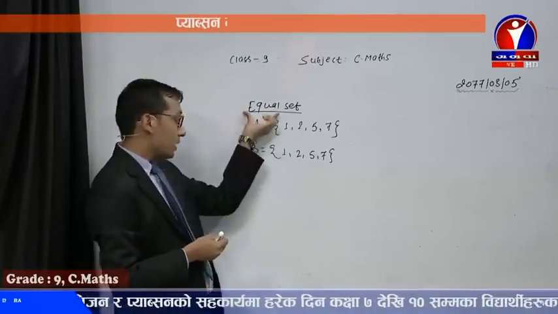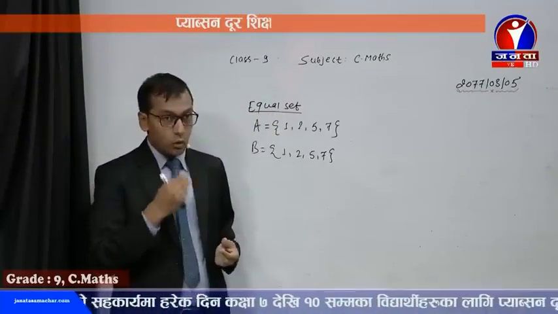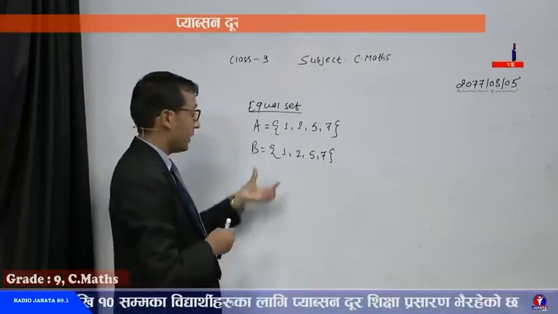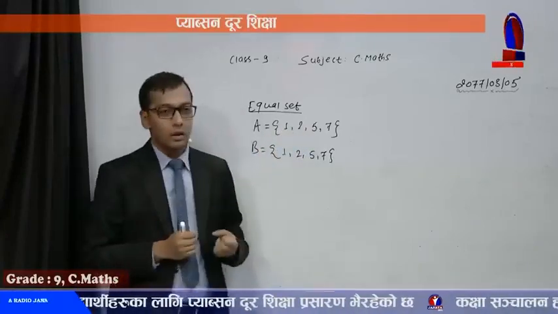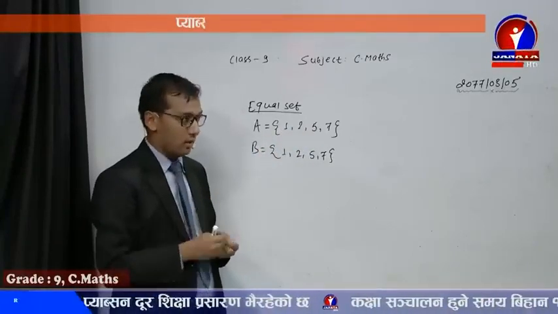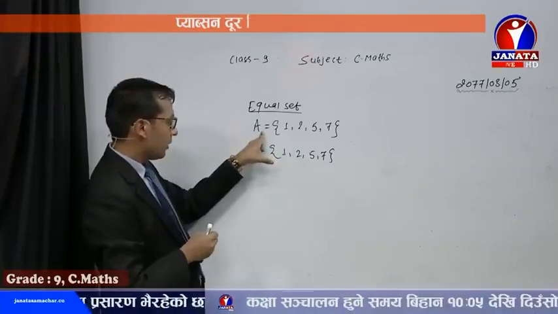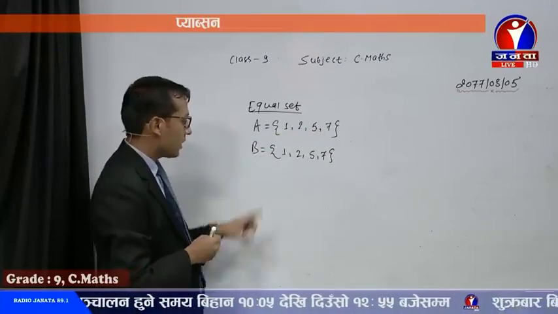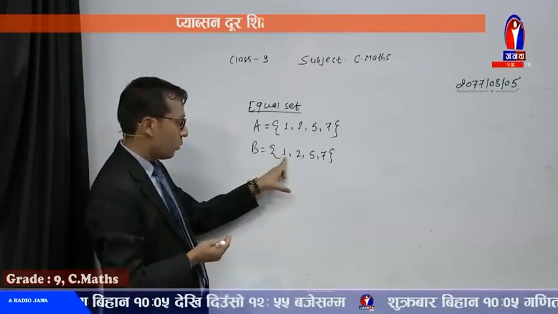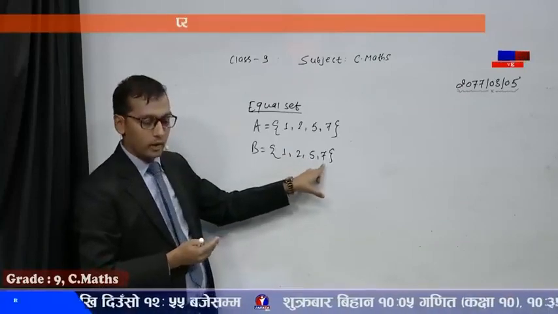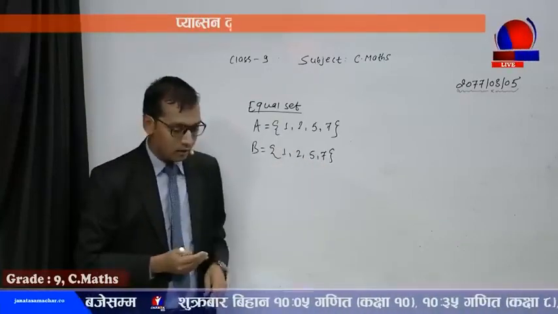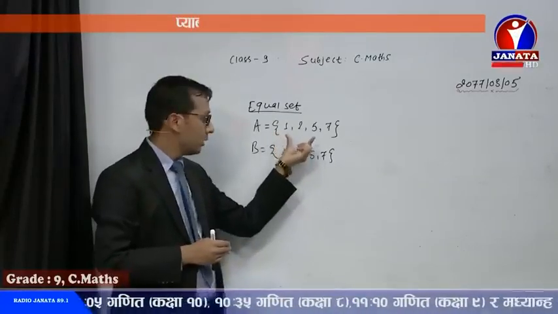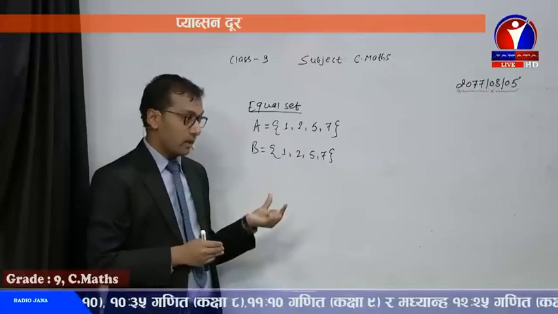Because the definition of equal set is: two or more sets are called equal if they have exactly the same elements. What are the elements of set A? 1, 2, 5 and 7. What are the elements of set B? Same, 1, 2, 5 and 7. So these two sets are said to be equal because they contain exactly the same elements.